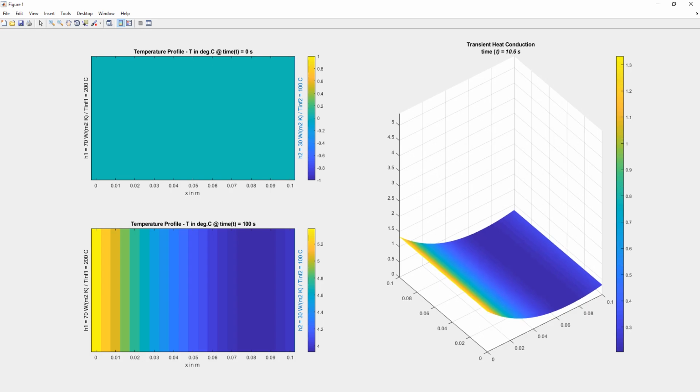So the temperatures are climbing at either end. The initial temperature is 0 degrees Celsius. This will continue till time t equals 100 seconds.